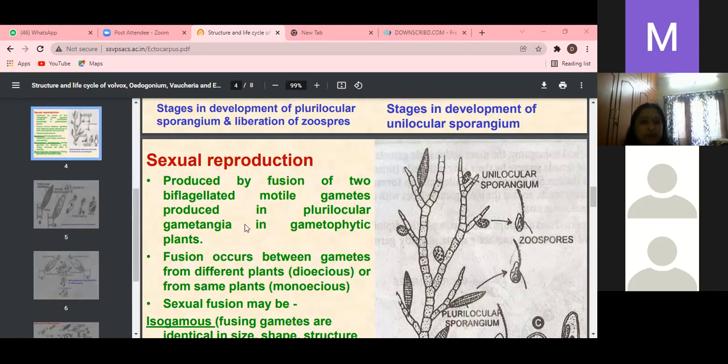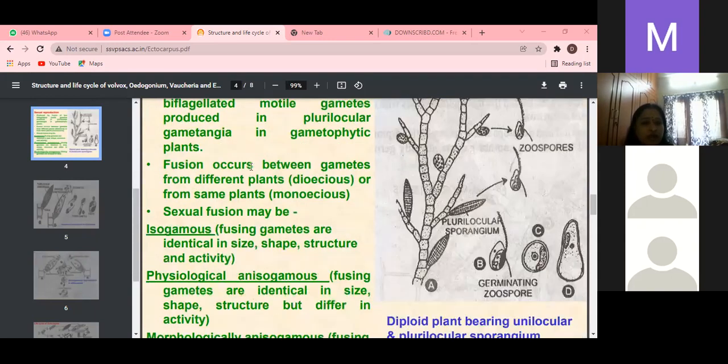The gametes are produced in plurilocular gametangia on the gametophytic plant. Fusion occurs between gametes of different plants, meaning dioecious, or some plants are monoecious. In Ectocarpus siliculosus, the best example to observe sexual reproduction, the plant is monoecious.